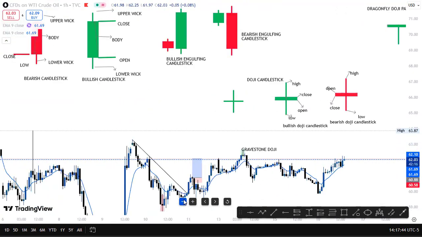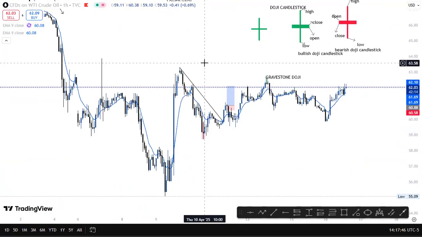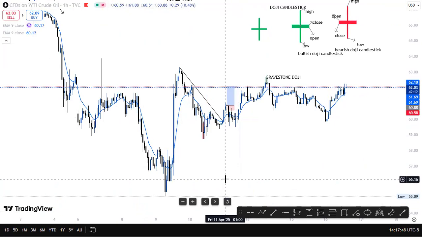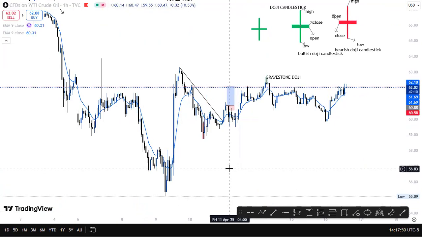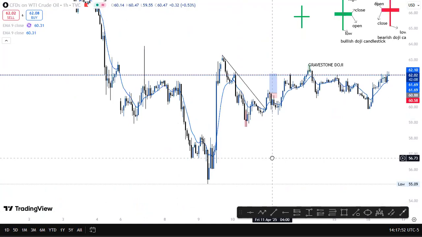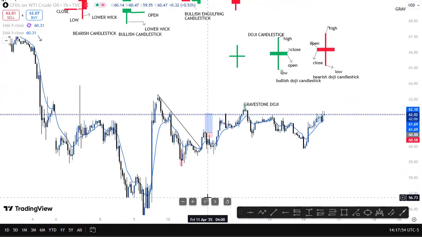We give an example of this doji candlestick, their formation. And I told you when it happens, for instance, if the bearish doji candle happens at the top of an uptrend, it may signify that a reversal might happen.